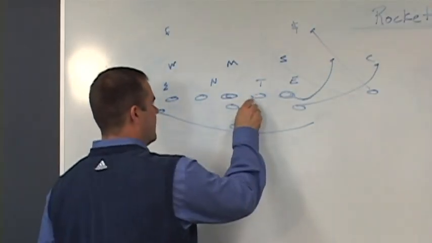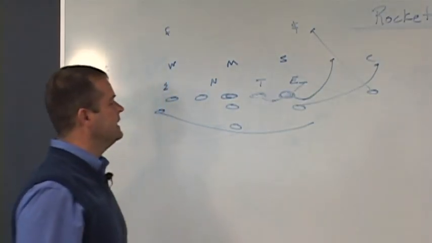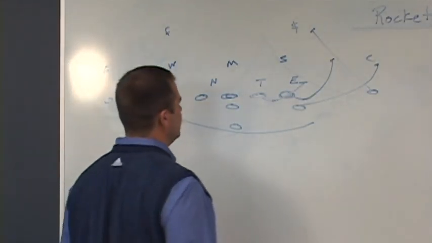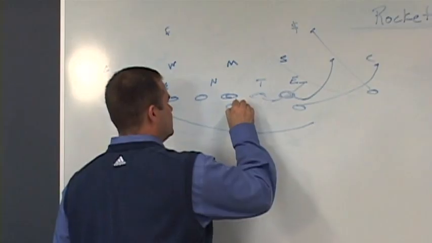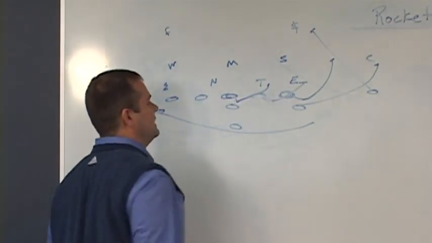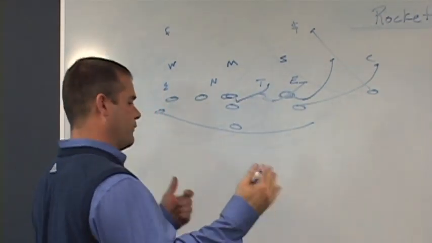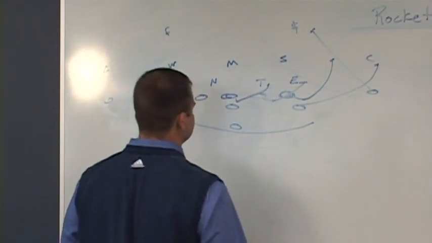Okay, we take our play side guard, same concept: open up, get to the outside leg, gain leverage on that defensive end. The center is trying to gain outside leverage if he has a 3 technique. If he has an A-gap player, then either run past him or try to get to the outside leg.